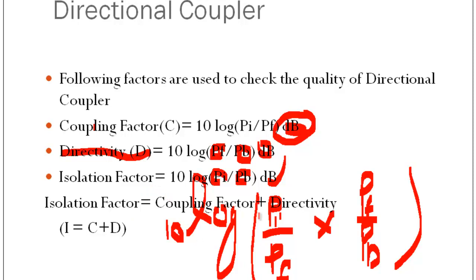Since this is nothing but the formula log of m cross n is equal to log m plus log n, when we simplify this equation, we get 10 log10 Pi over Pf and 10 log10 Pf upon Pb, which is nothing but your coupling factor and directivity. So we can say isolation factor is equal to the coupling factor plus the directivity, right?